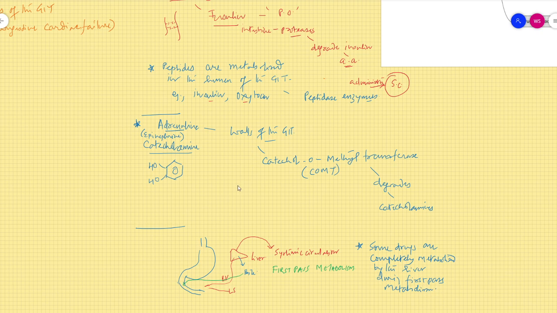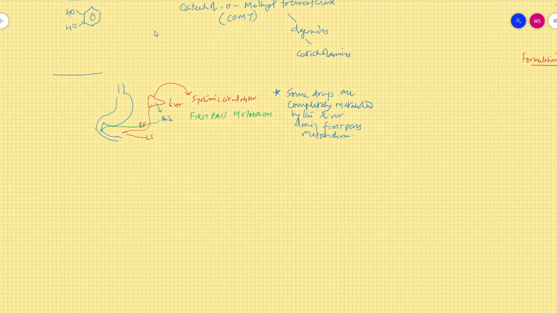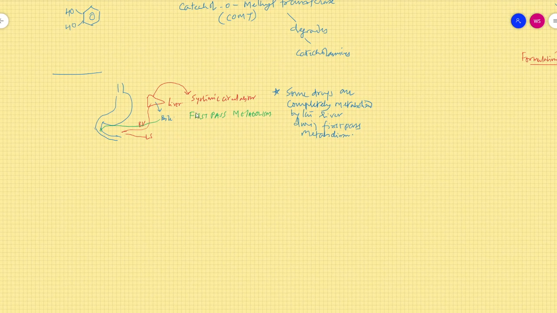Do we have examples of drugs which are completely metabolized by the liver during first pass metabolism? Yes, there are drugs like lidocaine, the local anesthetic, and the two examples that we cited previously, insulin and oxytocin.